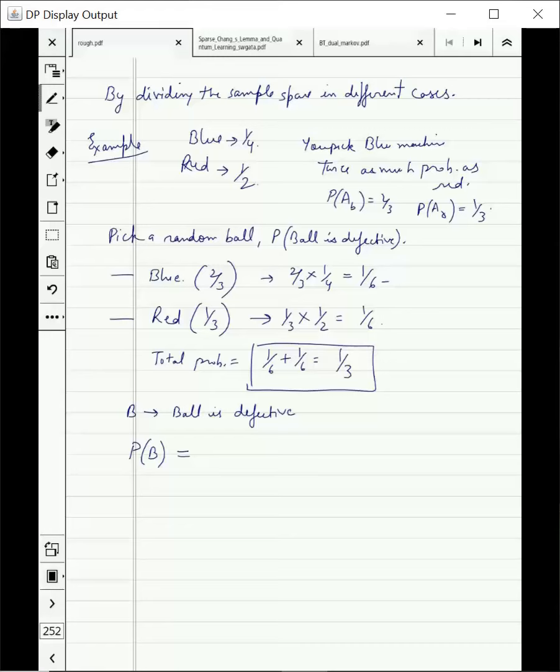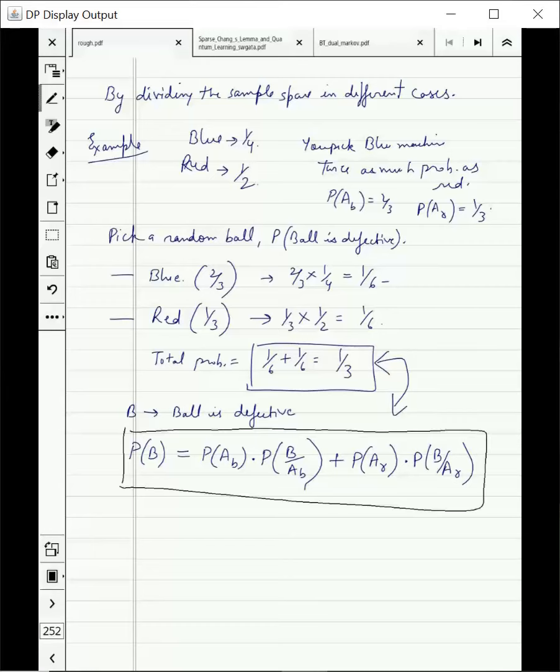So if I pick the blue machine, then the probability that the ball is defective is given by probability of B conditioned on blue machine, plus the other case where the machine I pick is the red machine. In this case, the ball is defective with probability of B conditioned on A_R. So you can see that this formula is used here to derive the answer 1/3.